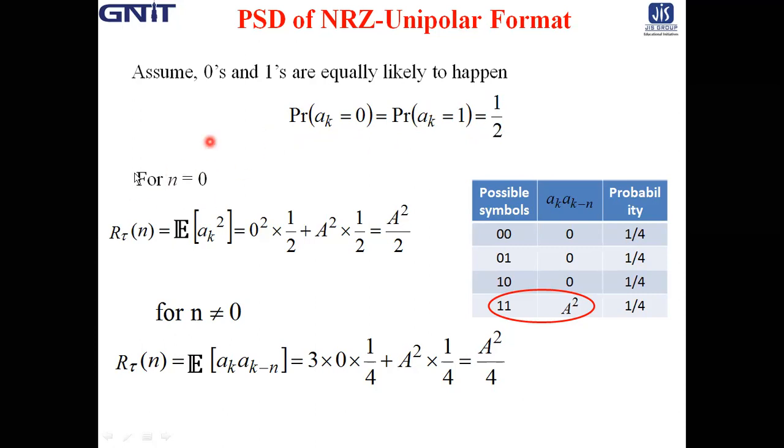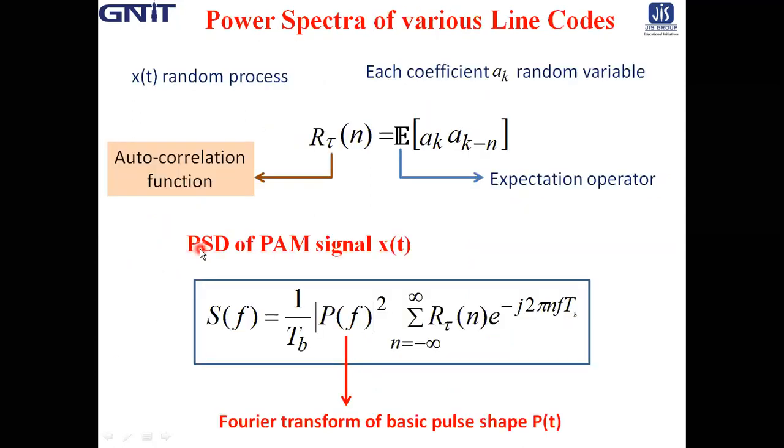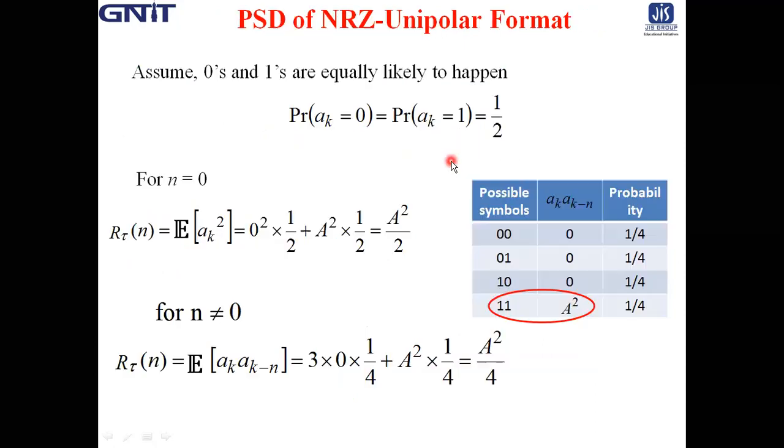So, for n equal to 0, R_n(tau) equal to expectation of a_k square, because R_n(tau) equal to expectation of a_k into a_(k minus n), as in the last slide. So for n equal to 0, it is a_k square.